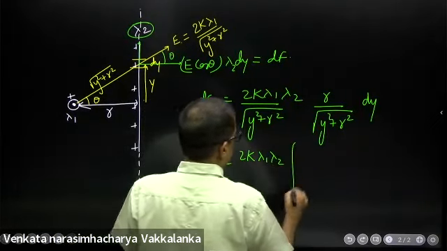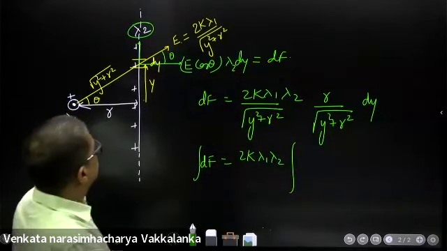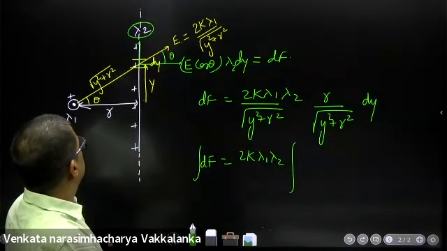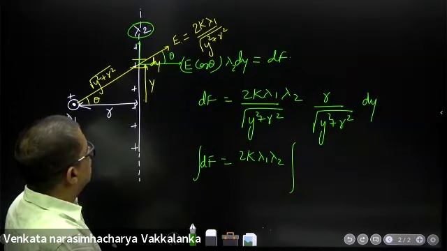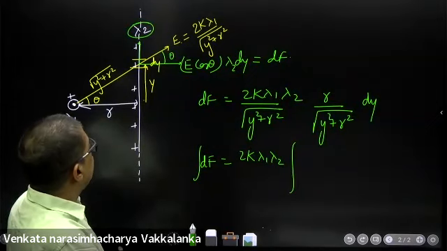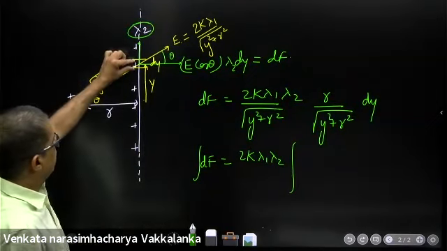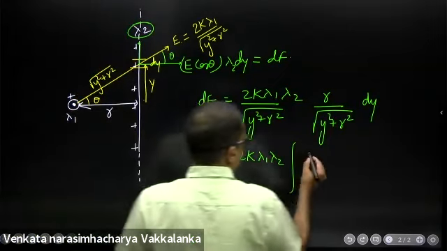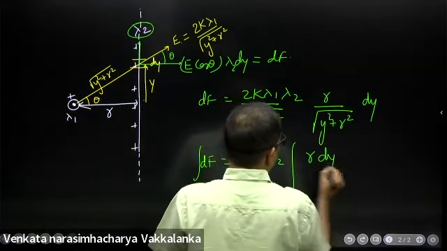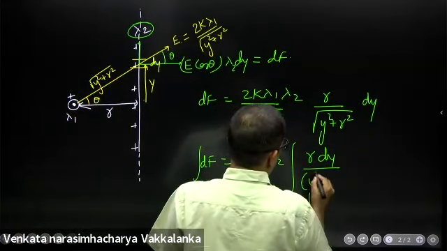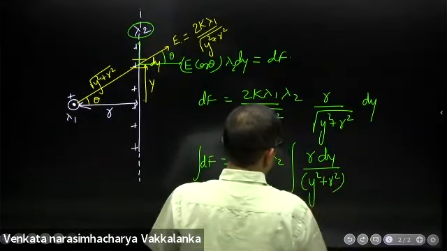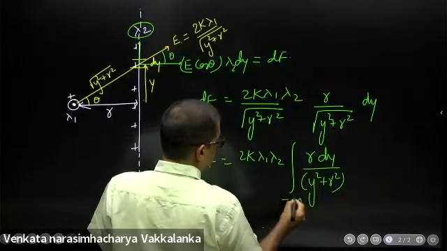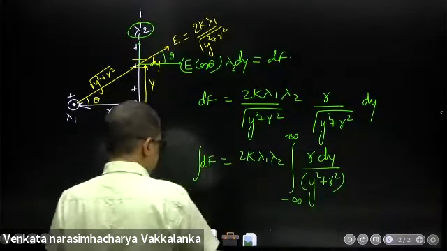Did I miss somewhere the charge? Okay, the charge on this will be lambda 2 into dy. Right, this is r dy upon y square plus r square. This will go from minus infinity to plus infinity.